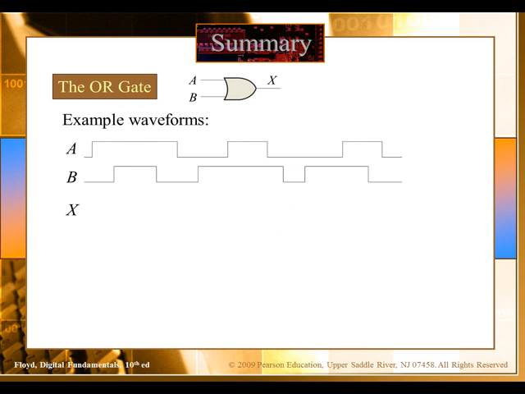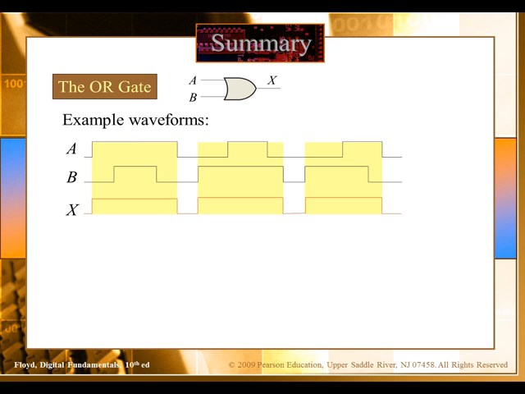Now, again, the waveforms. Let's say somebody gave us this waveform, okay? Remember, we have to identify the regions where either of the inputs is high. Look at the blocks carefully. Unfortunately, the blocks are yellow. Do you see the yellow blocks? There are 3 yellow blocks where either of the inputs is high.